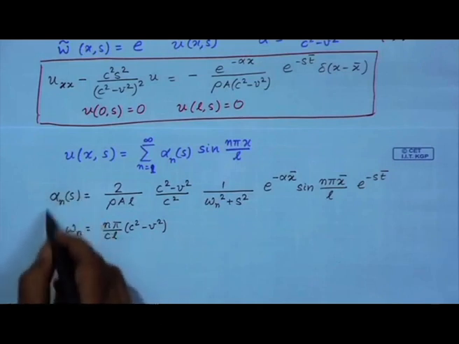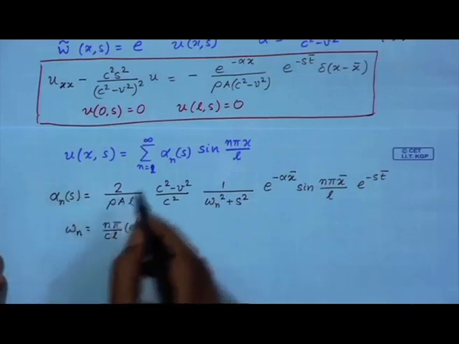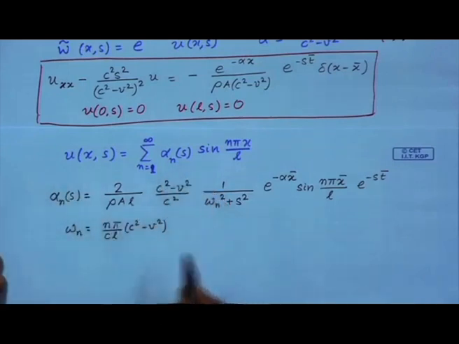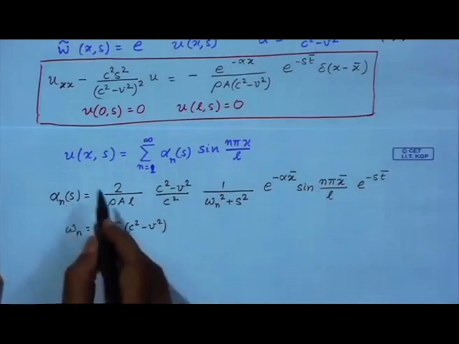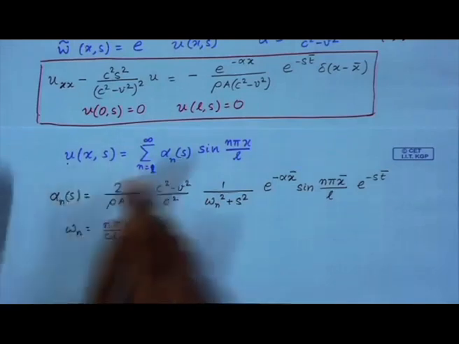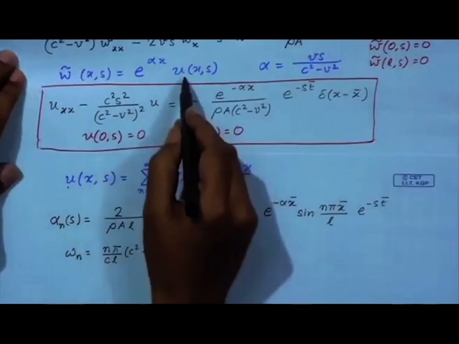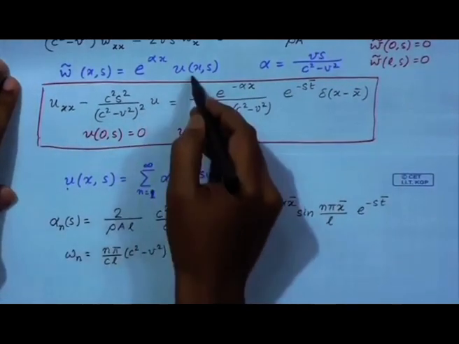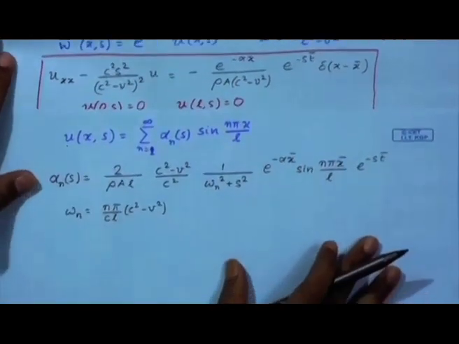Once you have this alpha n, you can substitute back here and you have u. If you have u, then you can substitute that expansion here to get w.